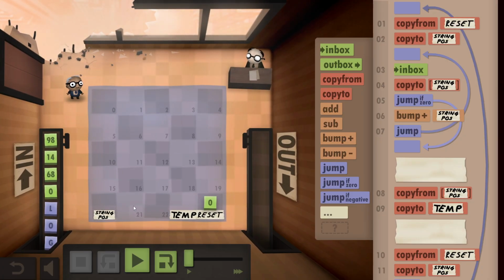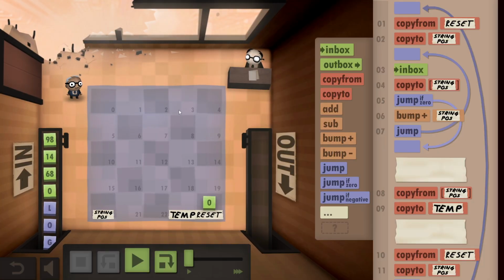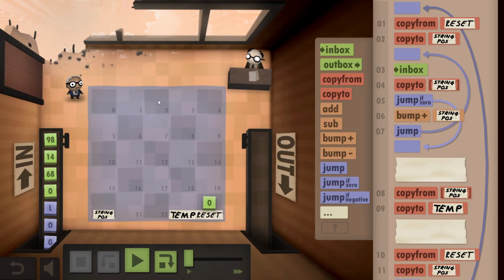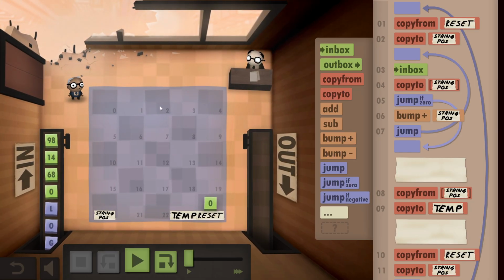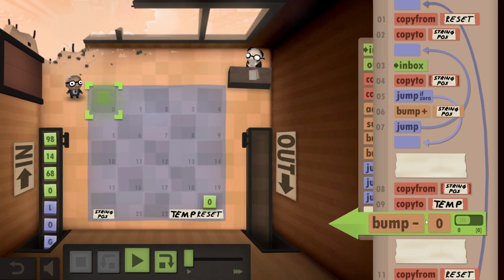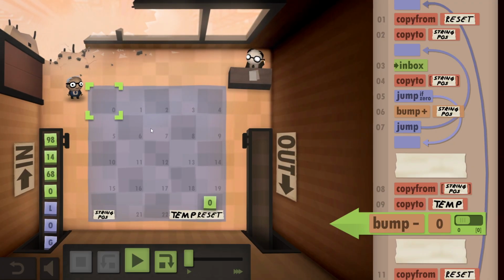So confusing. So we take this. We are going opposite of what we're doing, right? We are taking 68. And placing in the temp. And then we do 14. But this is still saying 2. Place it in temp. Okay, let's do bump minus.